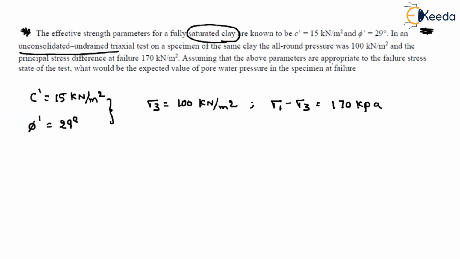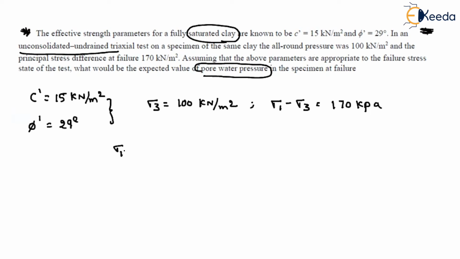Assuming the above parameters are appropriate to the failure stress state of the test, what would be the expected pore water pressure? So here we know the total stress values, but we have to find out what will be the pore water pressure. That means we have to write down the equation in terms of effective stress parameters.